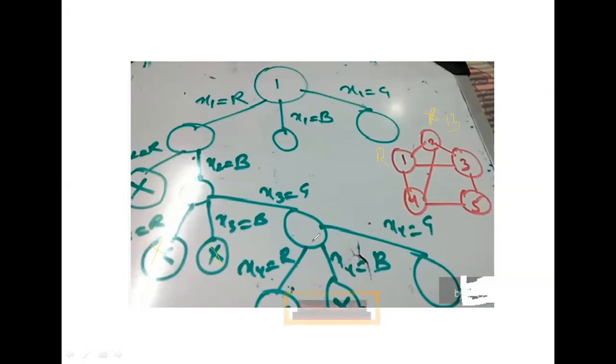So here x3 has chosen green. Then x3 has the vertex 5, and I move to the next vertex 5.